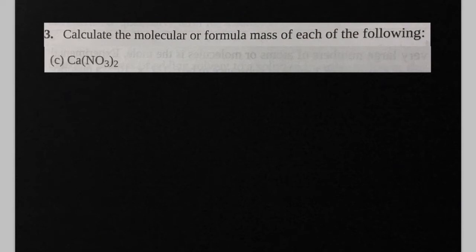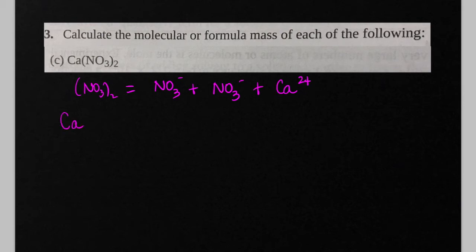For part C, this is a larger molecule, and you need to watch out for parentheses. When you have something like this, that's equivalent to 2 of these guys. And of course, that balances out with the +2 charge, so that's why you need 2 nitrates in this ionic formula.